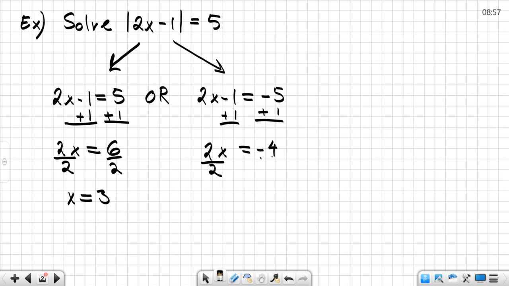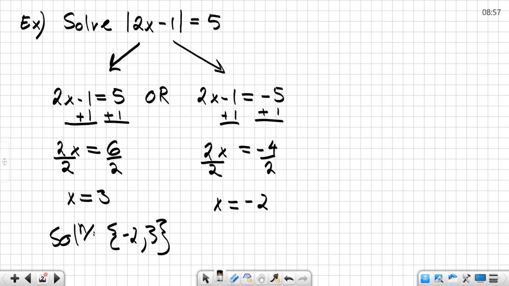I also divide by 2, and I get that x is equal to negative 4 divided by positive 2, which is negative 2. So my solution set consists of two numbers, the number negative 2 and the number positive 3.